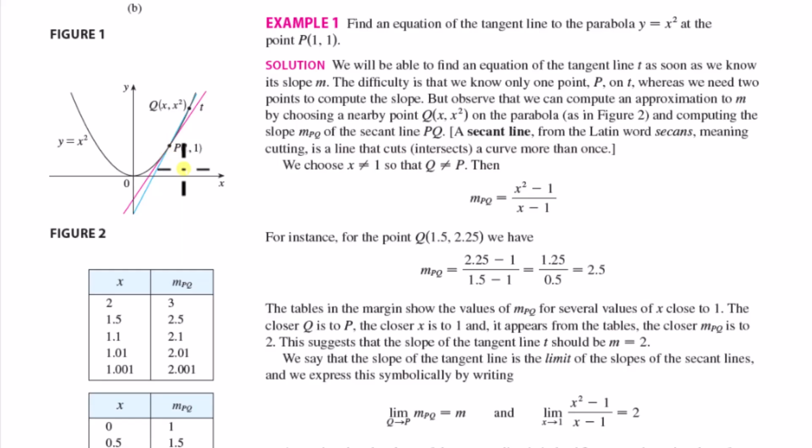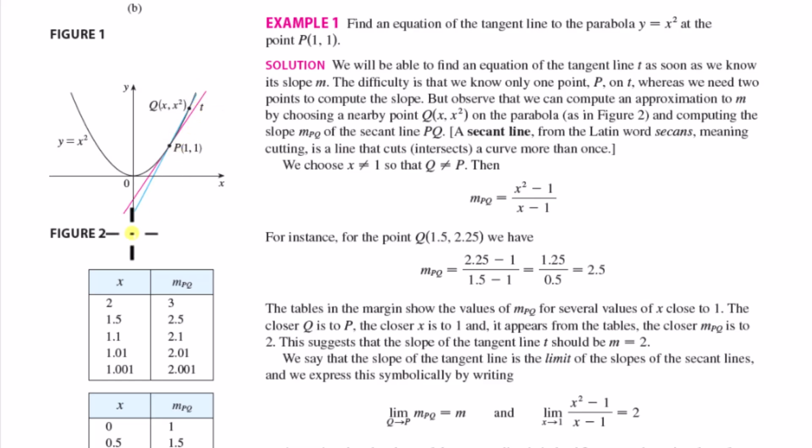Okay, well, to get the equation of this tangent line, it's really more about we need to find what the slope of this tangent line is. Because once we have the slope, well, then we have a point and a slope. That's all we need to write out the equation of a line, right? From algebra. So it's really more about, okay, how do we determine the slope of this tangent line?